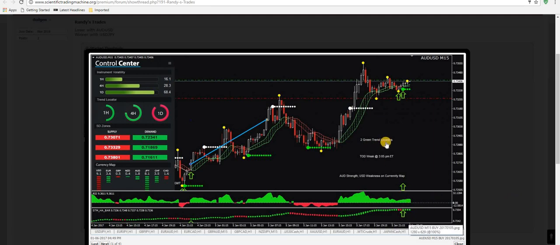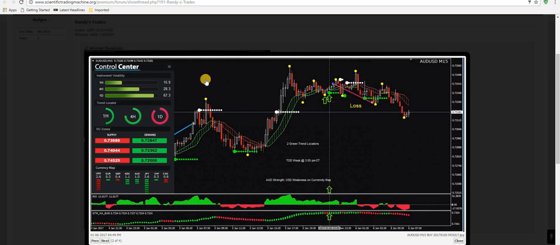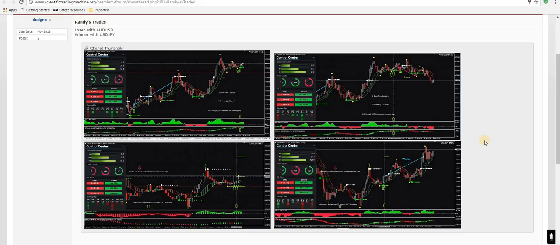Two green trend indicators, or two green trend locators. TOD week at 3:05 p.m. Eastern time. I'm not sure what that means, but AUD strength, USD weakness on currency map. Okay. As you can see here, we're green here, green here. Got our swing and signal dots right here. And let's see what happened on that trade. Looks like it was a loss. Let's check the next one out.